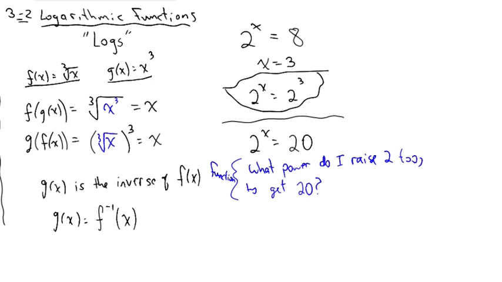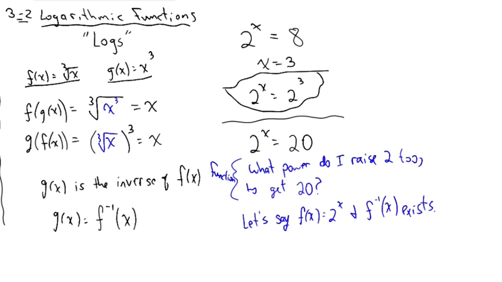Because if I do, let's say f of x is equal to 2 to the x. And I know that f inverse exists. And I know it exists because 2 to the x is a one-to-one function.